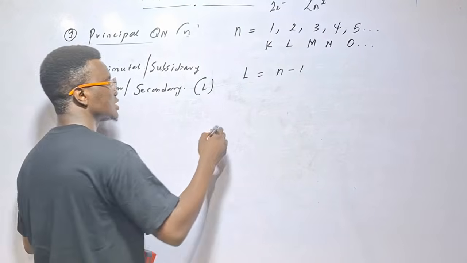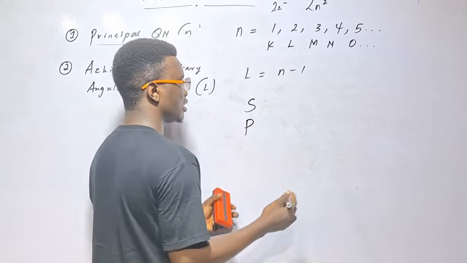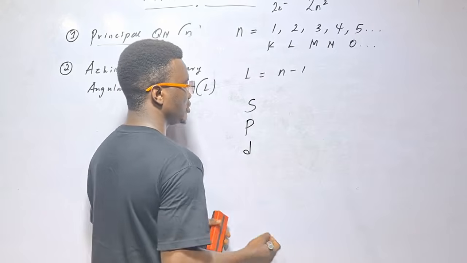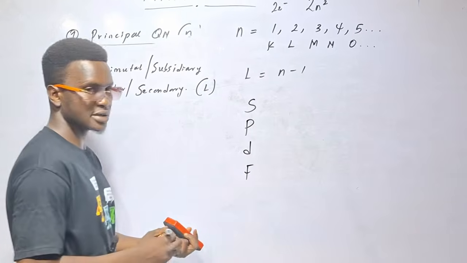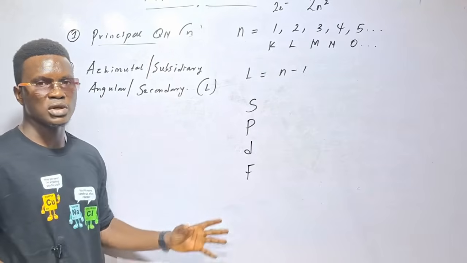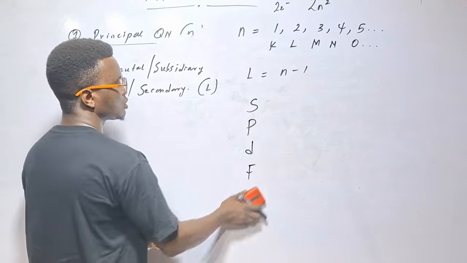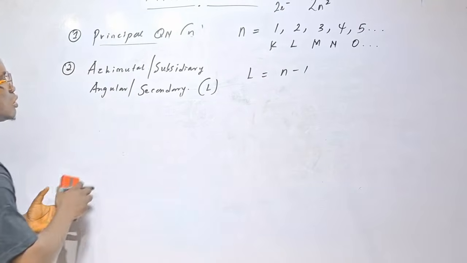S orbital is spherical, p orbital is dumbbell, d orbital is double dumbbell, and f orbital is complex. They can ask you in the exam what the shapes of these orbitals are. So let's talk about magnetic quantum numbers.